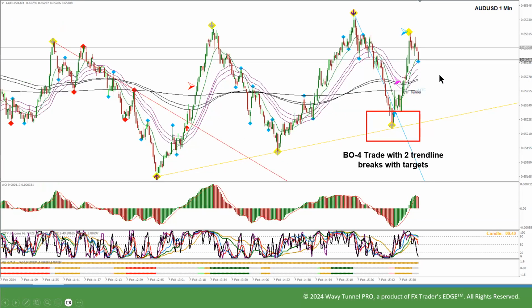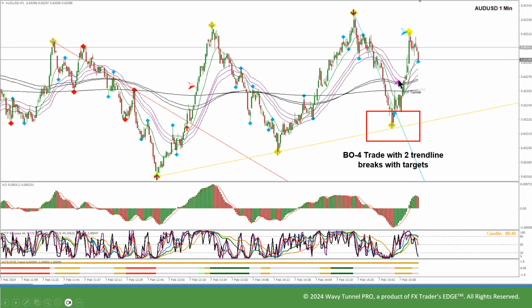So here is the Aussie dollar. This is where I have the red box. This was the signal, and we had two trend lines there on top of one another. You can see the blue arrow, and underneath is a magenta arrow because they happen to be the same trend lines using different criteria.